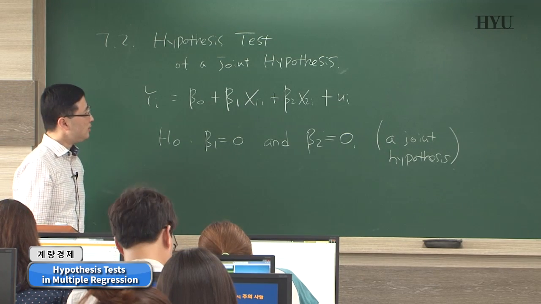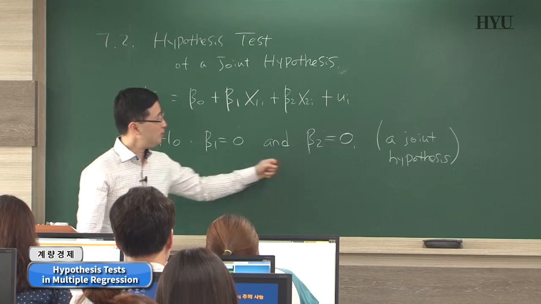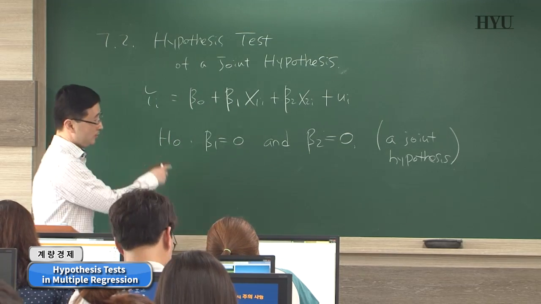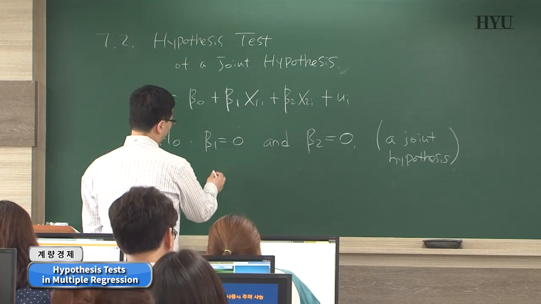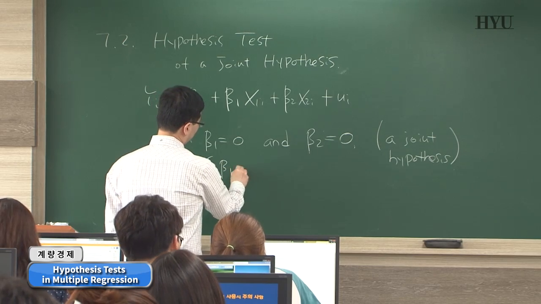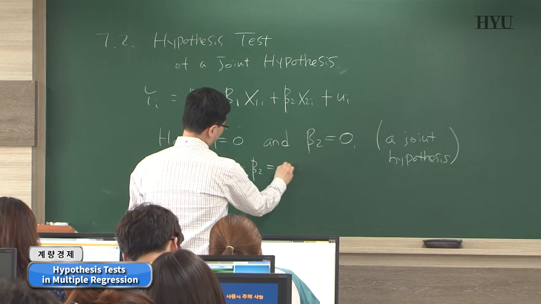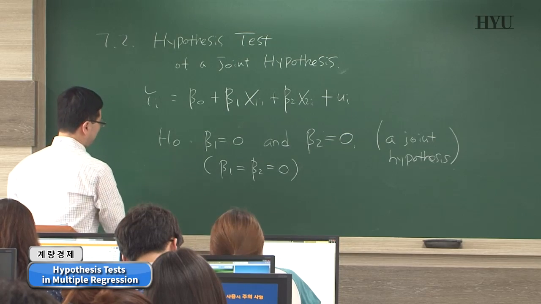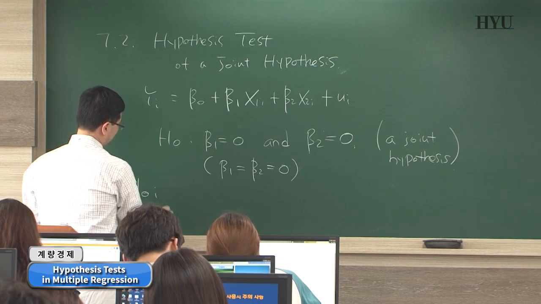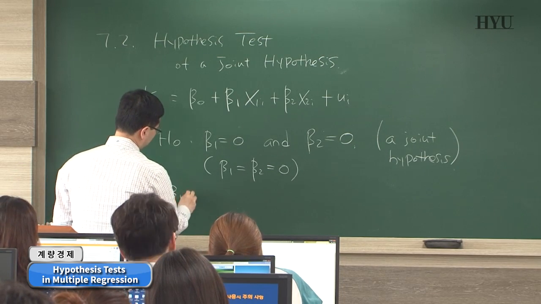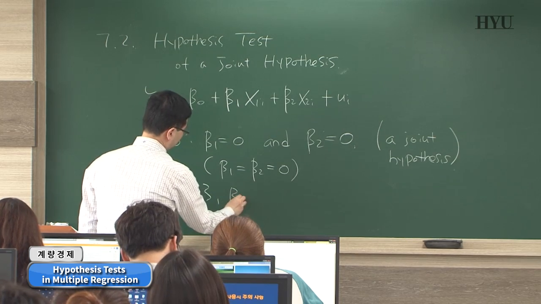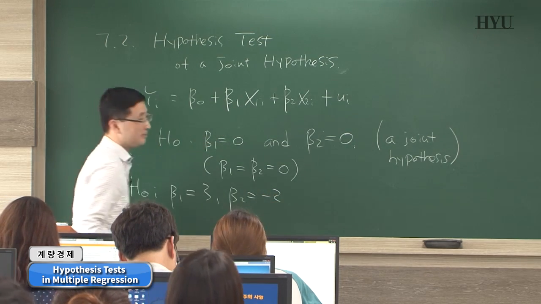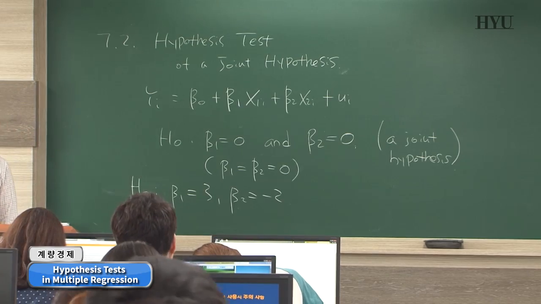The difference is now we have restrictions 1 and 2, okay? By the way, another way to say this is, they mean the same thing, okay? Second example. Again, this is a joint hypothesis.